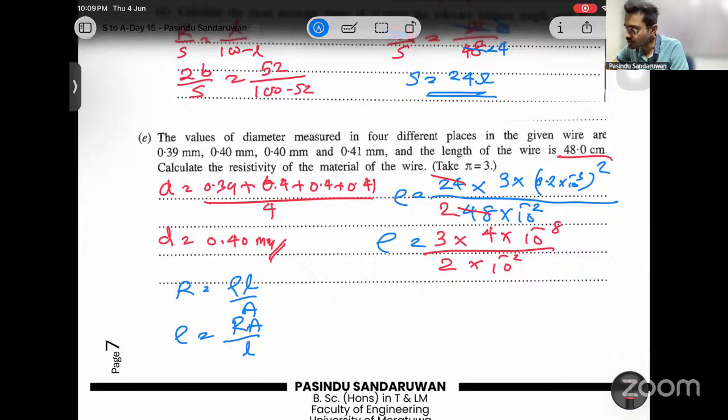Then 2 into 4 cancels 2, and rho is 6 times 10 to the power minus 6.